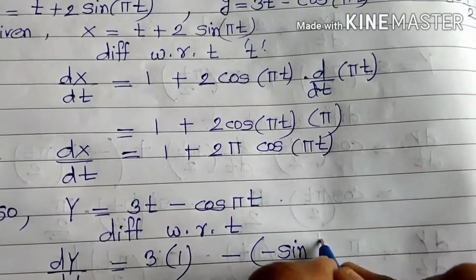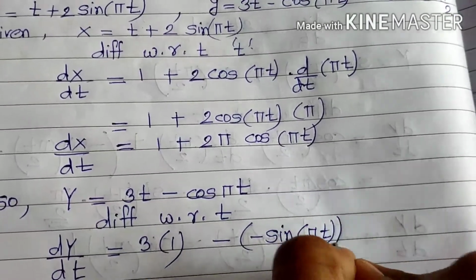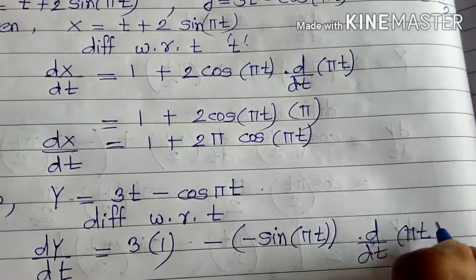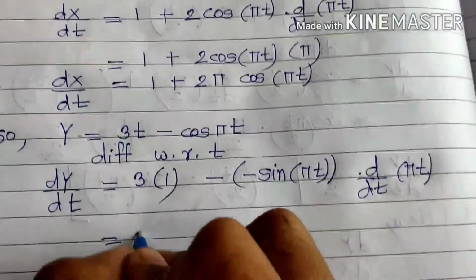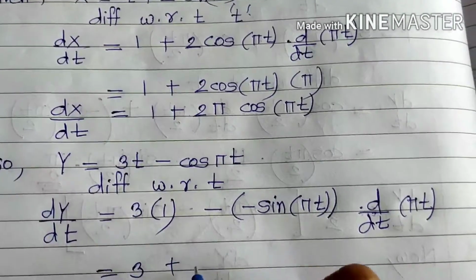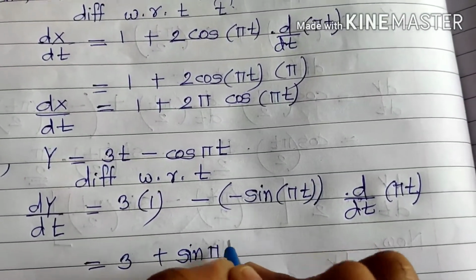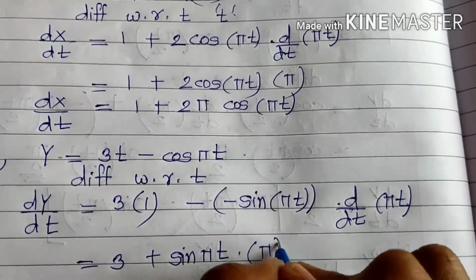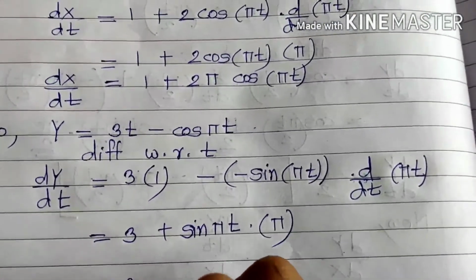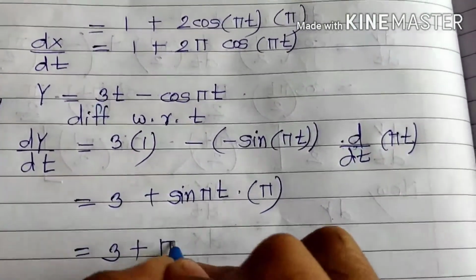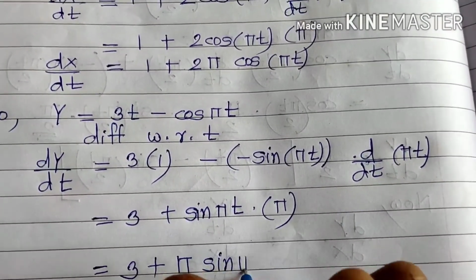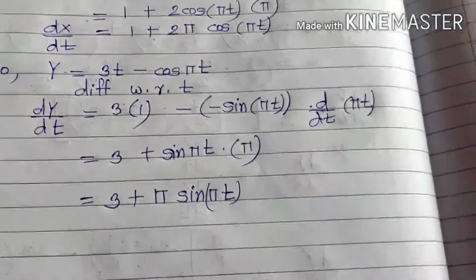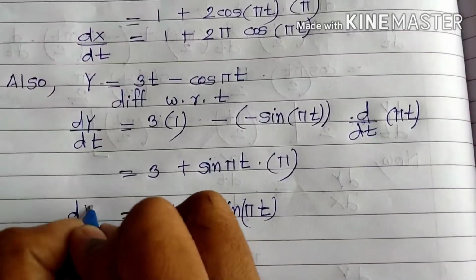So minus sine pi t into d by dt of pi t. So 3 minus minus, plus sine pi t into derivative of t is 1, so it is only pi. So you get 3 plus pi sine pi t. So that is dy upon dt.